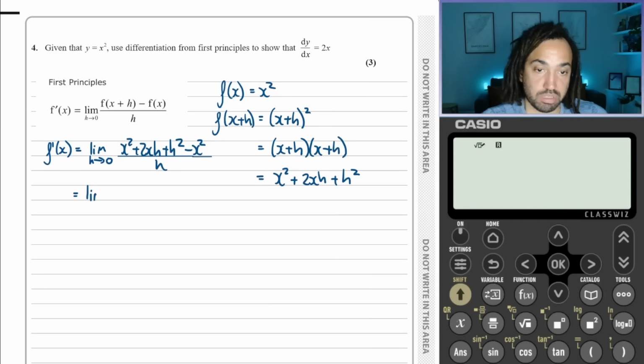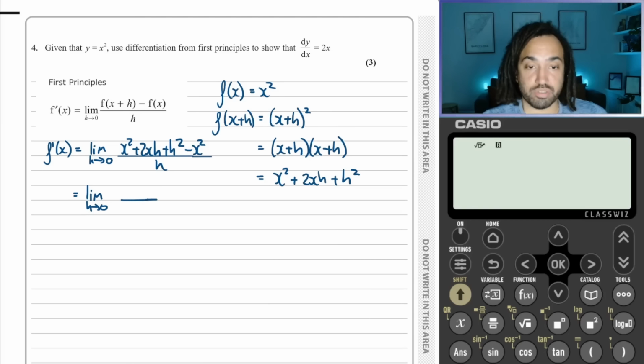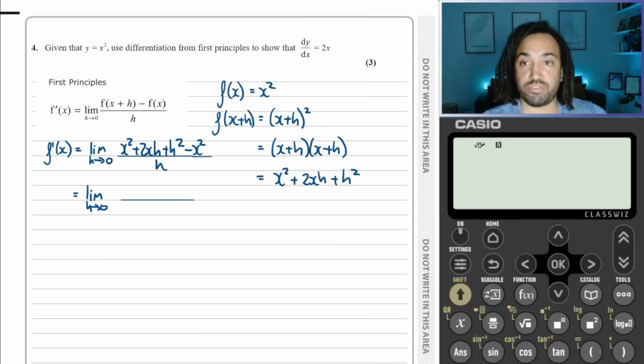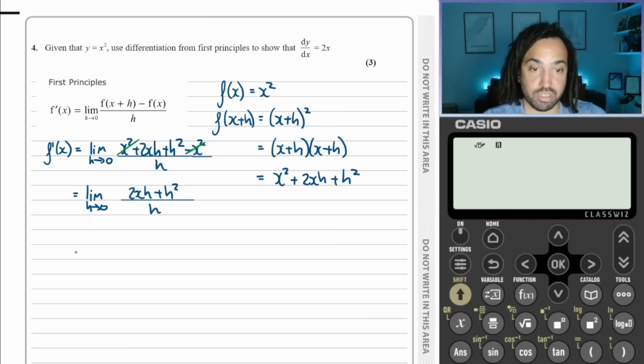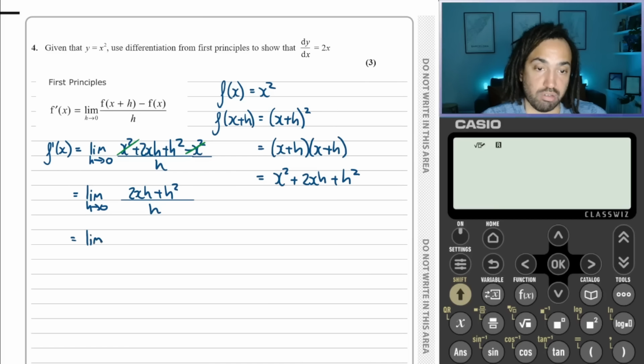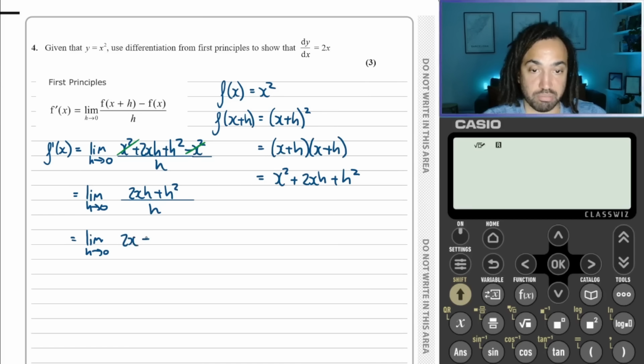So I'm going to write equals, limit as h tends to 0, and then we're going to sort this fraction out. First thing is this will cancel with this, so we'll get 2xh plus h squared over h, and now we can divide through by this h, so we get just 2x plus h.